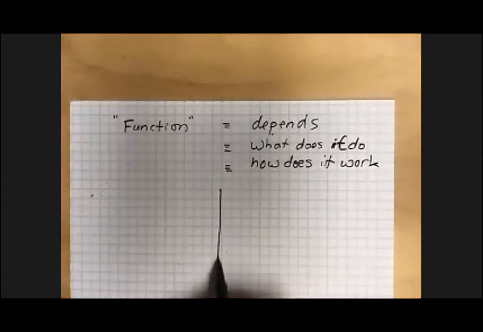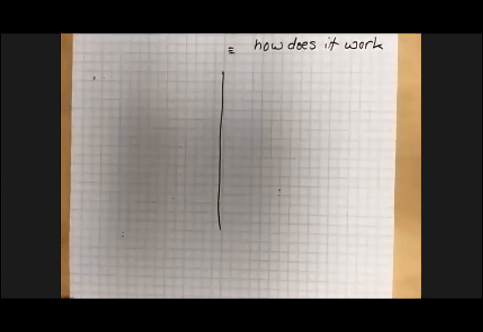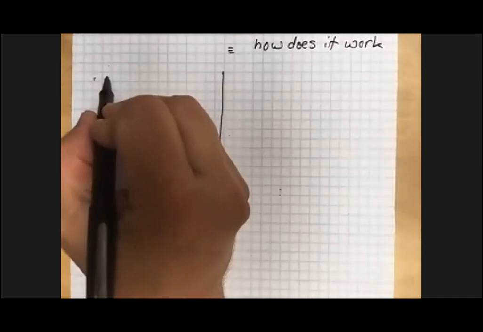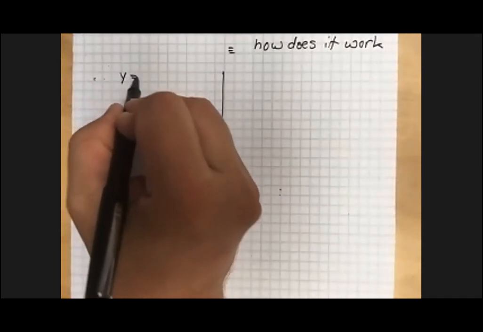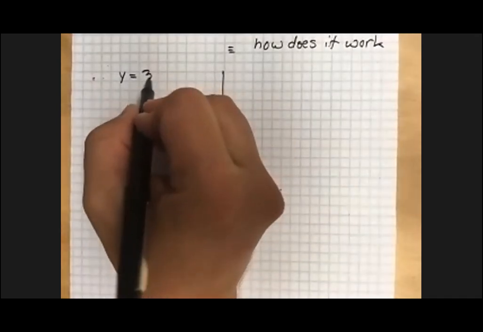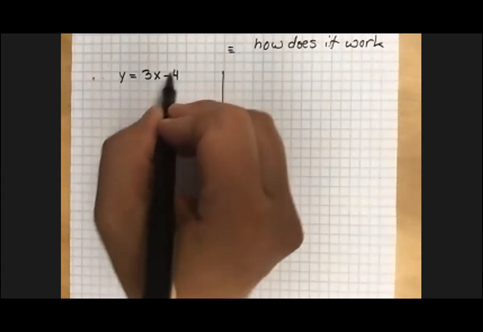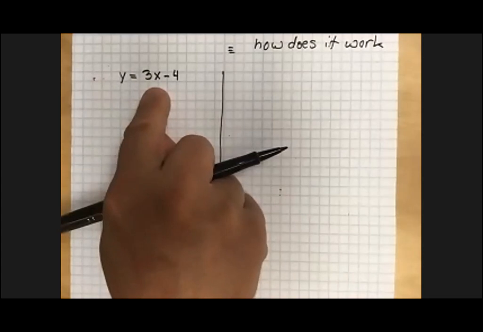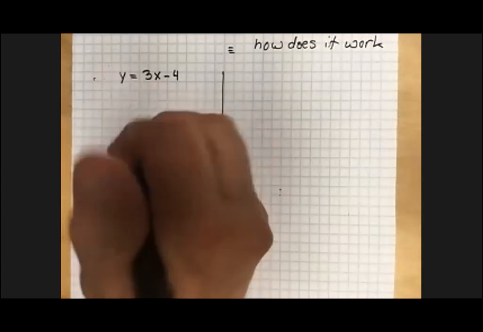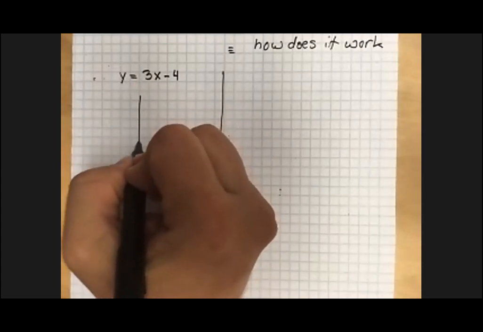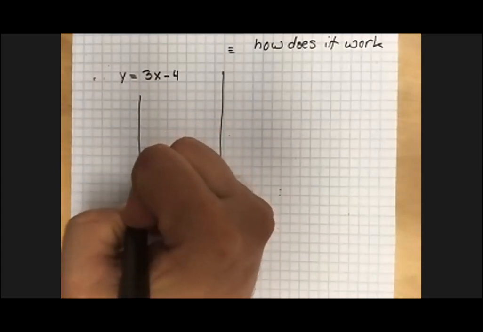Now, we were very happy in these last 2 days that we could draw pictures of lines just by saying, I put in a value for X and I can create a value for Y. And I'll draw this one very quickly.